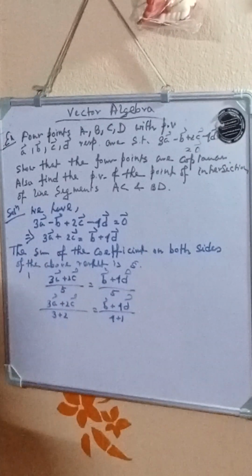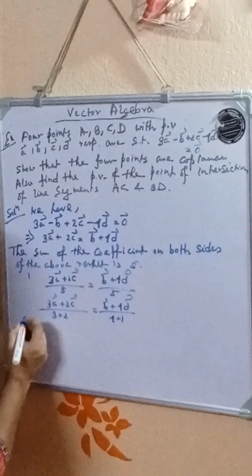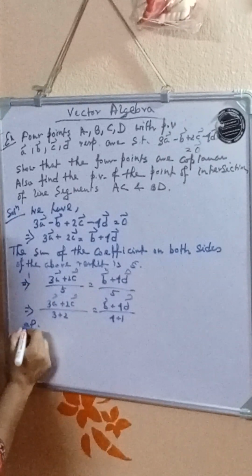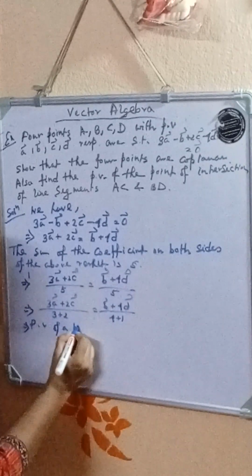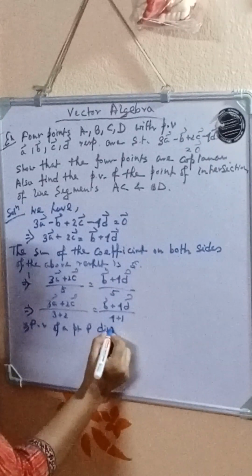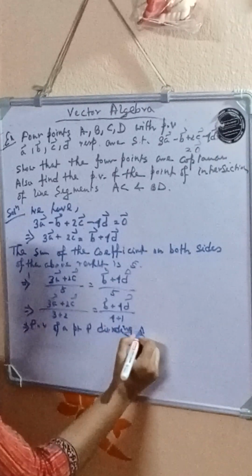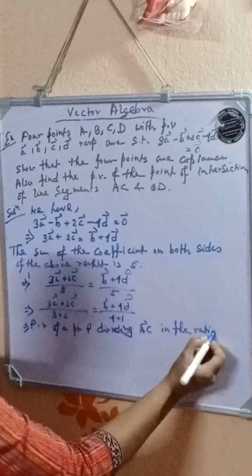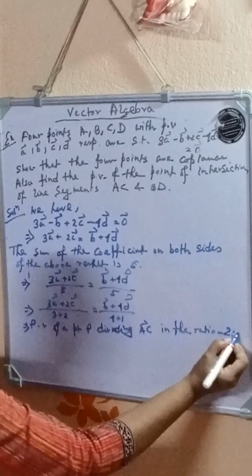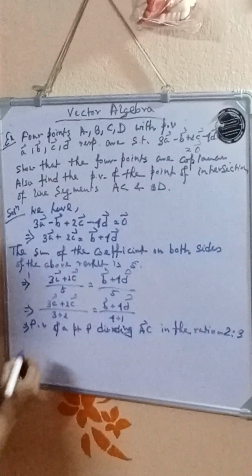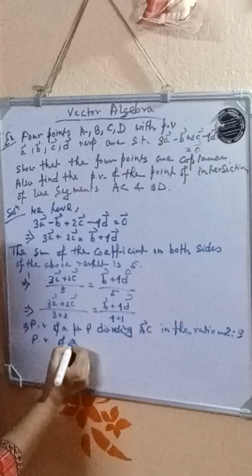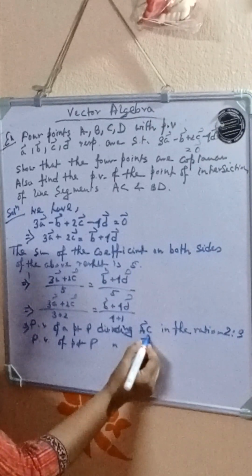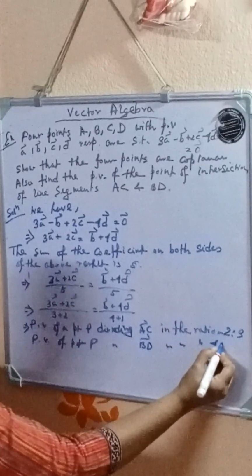Therefore, according to the section formula, this is the position vector of a point P dividing AC in the ratio 2:3, and the position vector of a point P dividing BD in the ratio 4:1.